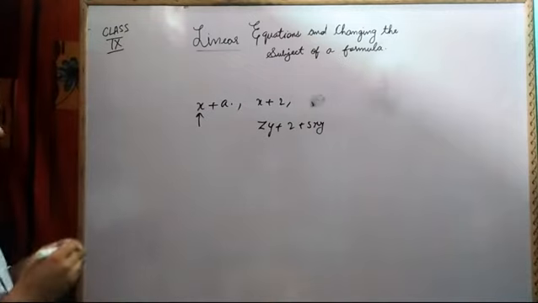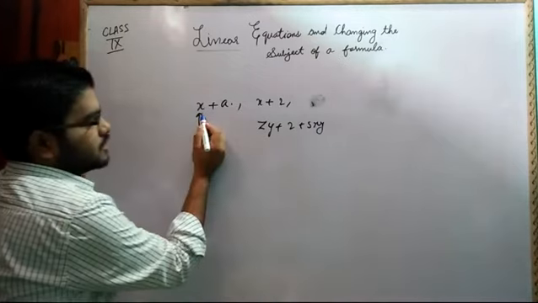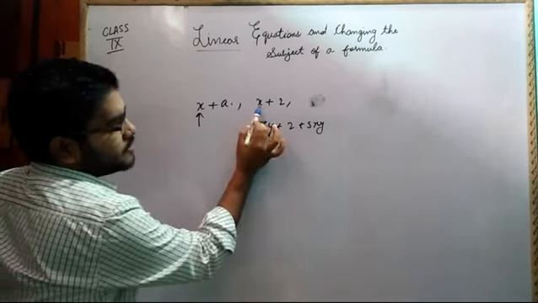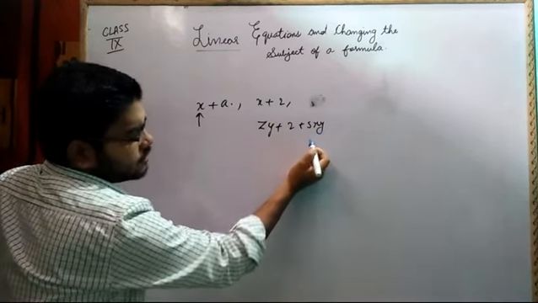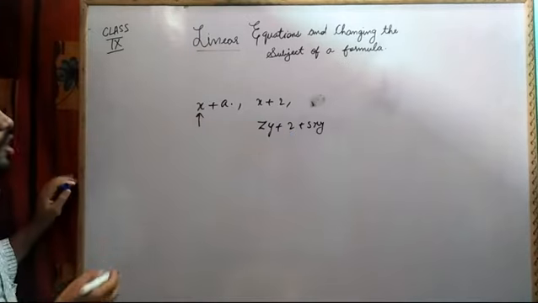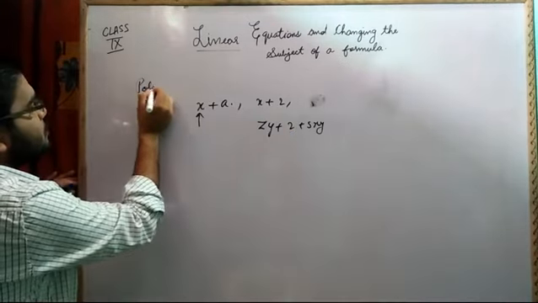All these are called polynomials, right? Here x is a variable, a is a constant, 2 is a constant. So all these are called polynomials.